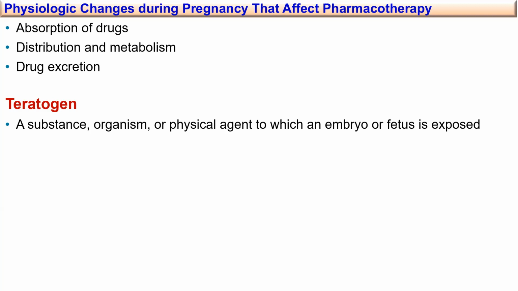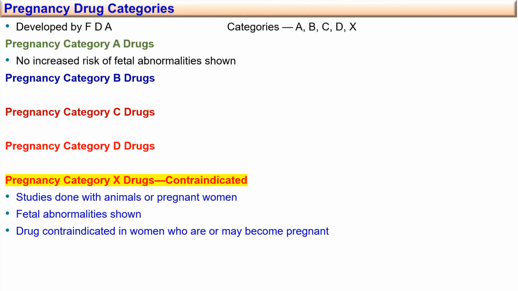All of these may result in changes to the embryo or fetus, sometimes a permanent abnormality in the structure or the function, and that may result in disease, retardation, or death of the baby.